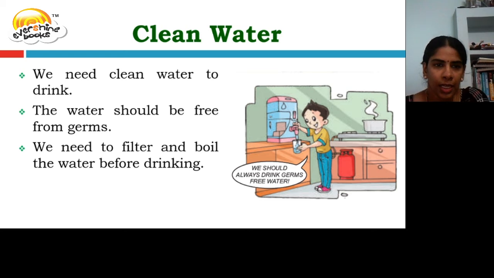So, we need clean water which is free from germs. We can free it from germs by filtering and boiling the water. That means we should drink the water which has been filtered and boiled.